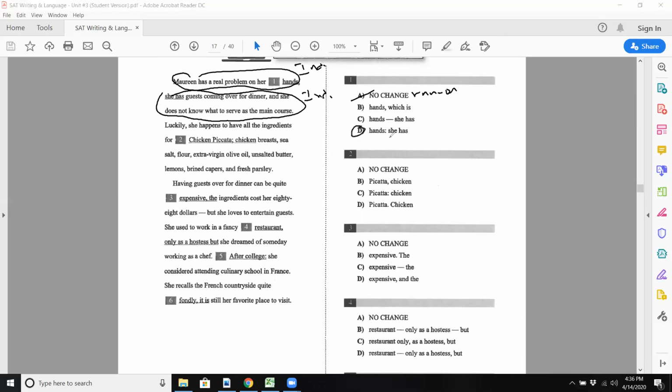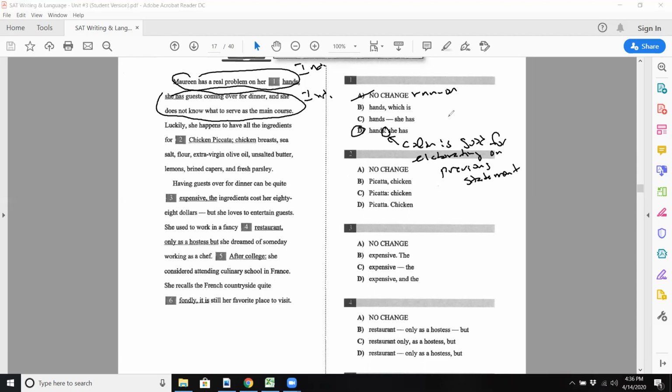I like G. A colon is good for elaborating on the previous statement because you're elaborating on that.